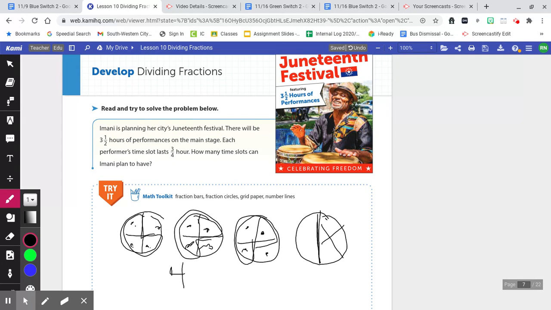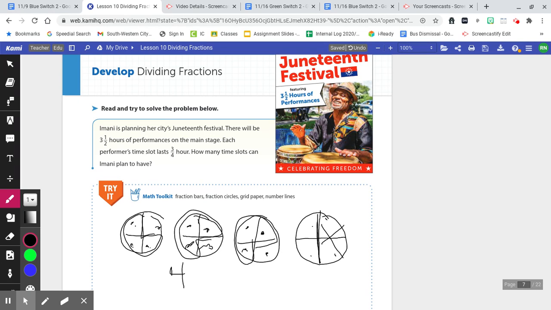No, I don't. I have 2 of the 3 I need, but I don't have enough for another 3/4 or 45 minutes of an hour. So my answer would have been 4.